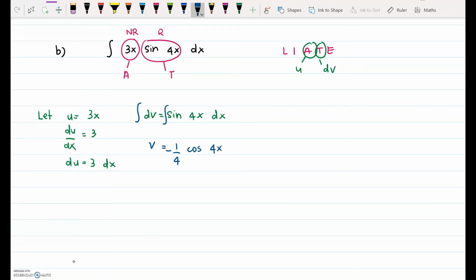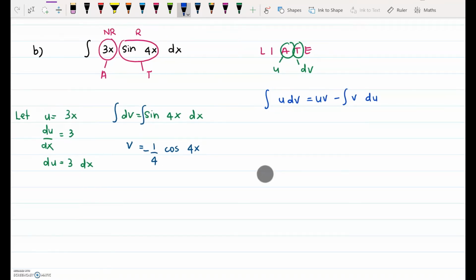Alright, now let's continue with the solutions. The formula is given as integration of u dv equals uv minus integration of v du. Now remember, your integration of u dv is the question. So the question, integration of 3x sine 4x dx, will be equal to, and then substitute your u.